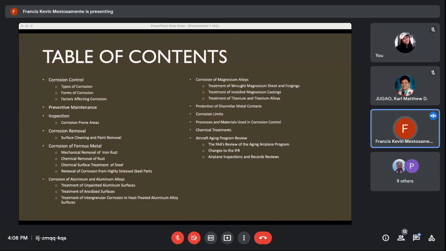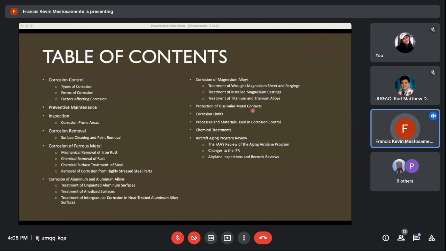Moving into our next slide, we got here the table of contents that we'll be discussing for today. We'll start off with corrosion control, forms, factors, and how the corrosion actually forms. We'll be moving on to a few notes on preventive maintenance, inspection, and we'll be discussing corrosion removal, specifically on ferrous metal, aluminum alloys, magnesium alloys.